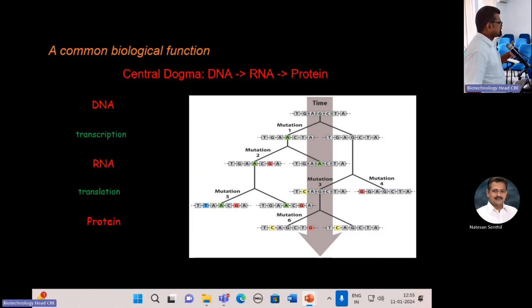But these changes bring about morphological, physiological, metabolic or other changes in the individuals. There are 2 lineages that we see here. Over time, the wild type genotype produces 2 offspring, and as time evolves and more progeny are produced, we find more changes.